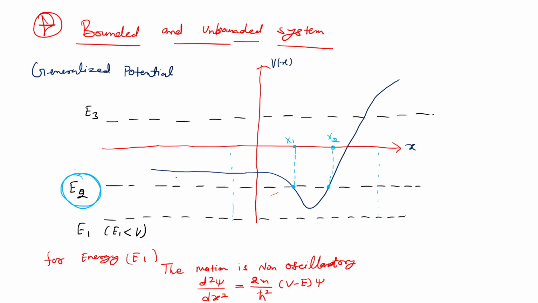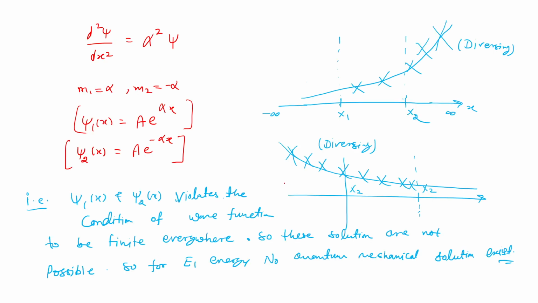Here you see E is less than V. Here E2 is greater than V, and again E2 is less than V. So when you come from this region to this region, the nature of the wave function will change for sure, because the kinetic energy sign is also changing. So in this case, at x1 and x2, we have E equal to V, energy equal to potential.